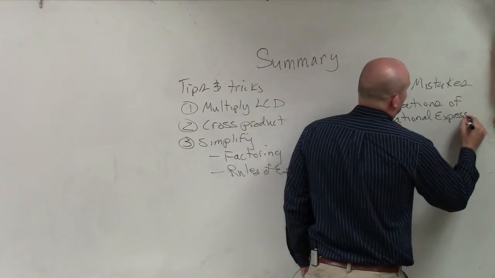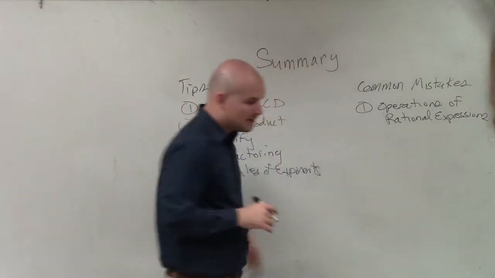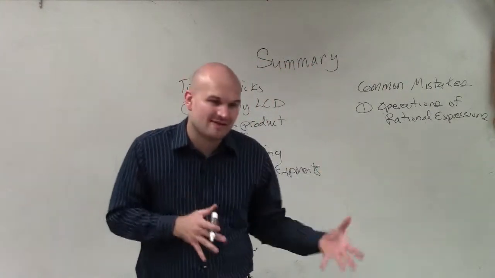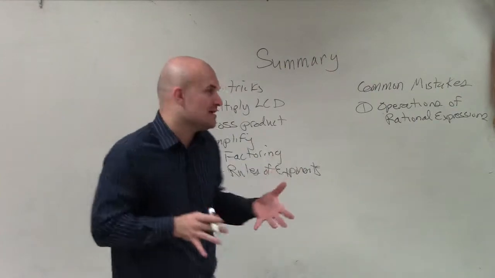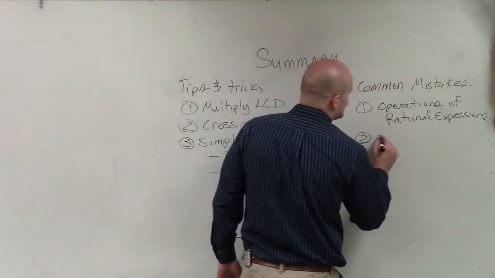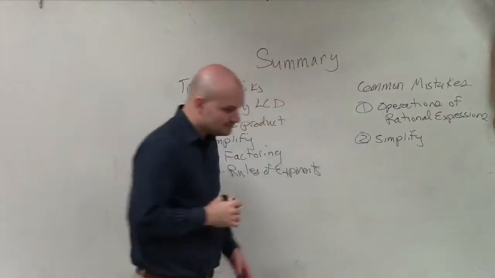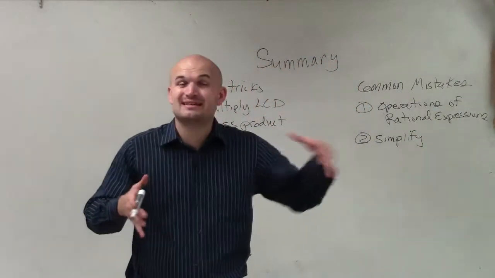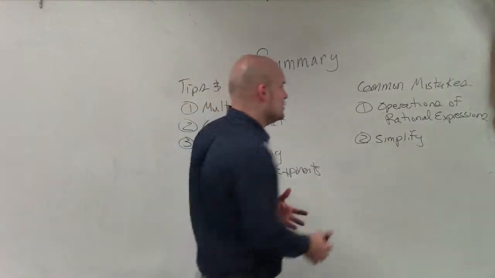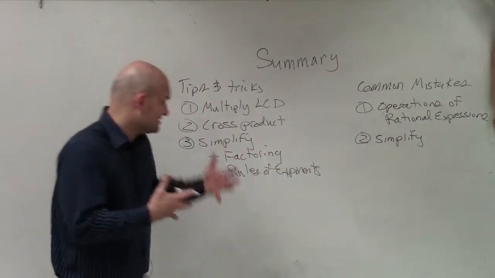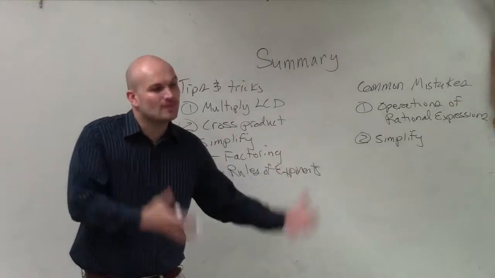When I went through all my courses, I showed you how to add and subtract expressions, and how to multiply and divide. We have to make sure that we apply those correctly, as well as simplifying. And not only not simplifying, but simplifying incorrectly. That goes back to your factoring, and using the rules of exponents and factoring incorrectly.